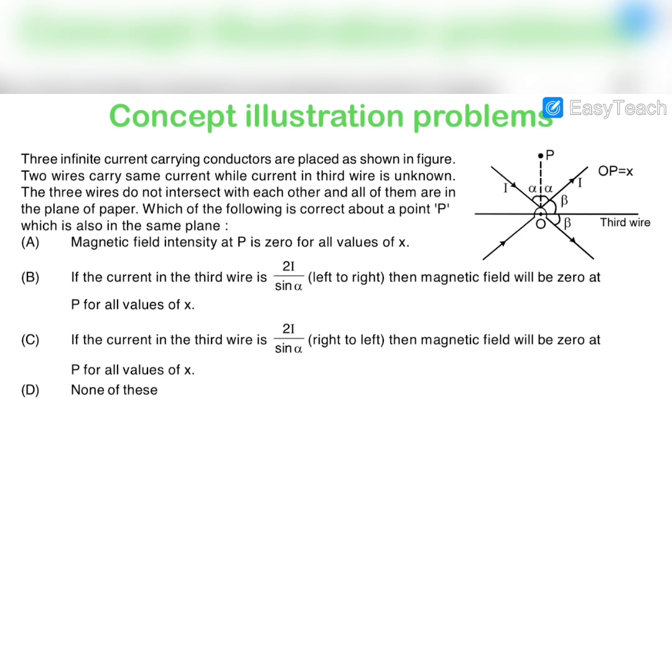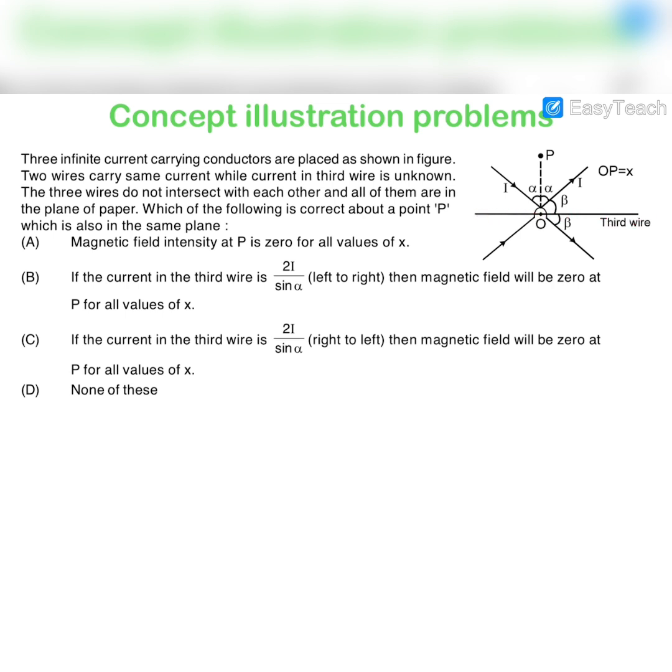So let us first of all see that the direction of magnetic field due to these two wires is outside the plane at point P, and the direction of magnetic field due to these two wires is also outside the plane. So the net magnetic field at P due to these two wires is non-zero, and we do not know the magnitude and the direction of current flowing in the third wire.